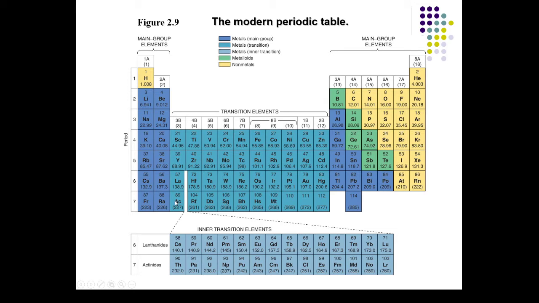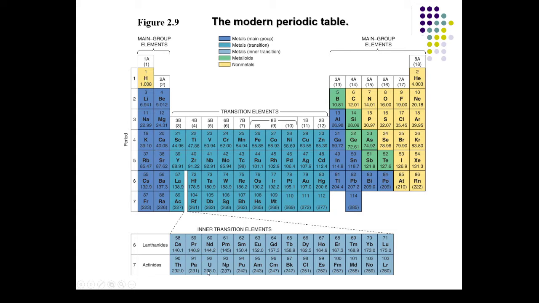And again, you should be familiar with your symbols, because if you do not, naming compounds is going to be a little bit more difficult if you have to look at the chemical symbol every single time to name your compounds. So we have the lanthanides and the actinides cut out on the bottom.